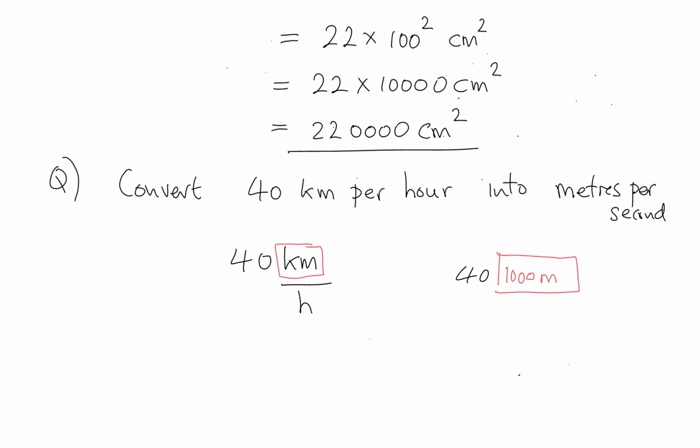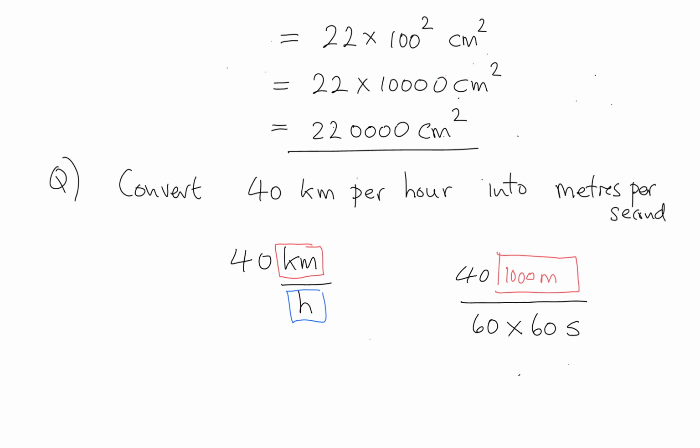And now we want to convert the hours. So let's put a blue box around that. Hours, we want that in seconds. There's our division sign there. And we want this in seconds. So there are 60 minutes in an hour and 60 seconds in a minute. So this is now seconds.